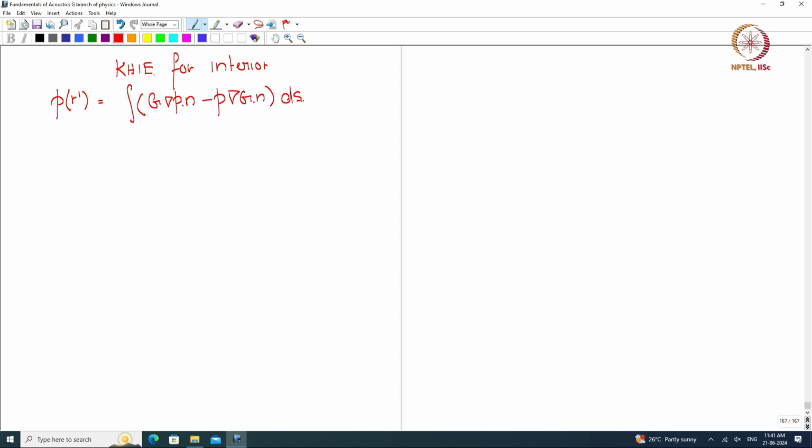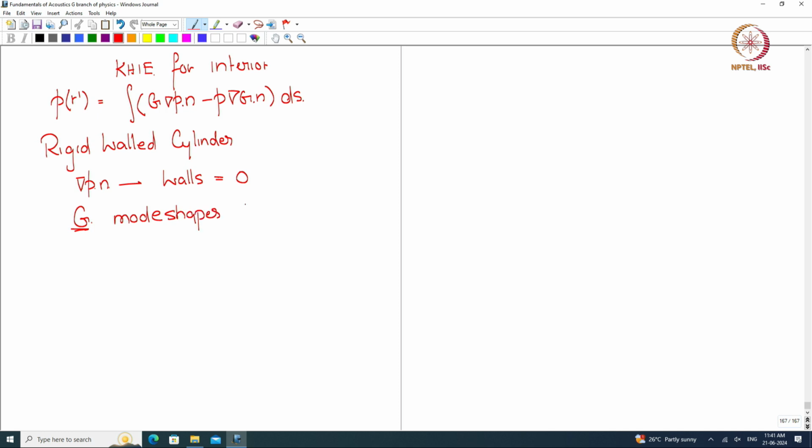This is a rigid walled cylinder, and therefore ∇P·n on the walls is 0, and G is composed of mode functions, mode shapes which satisfy the boundary conditions, therefore ∇G·n is also equal to 0. So we get a 0 here.